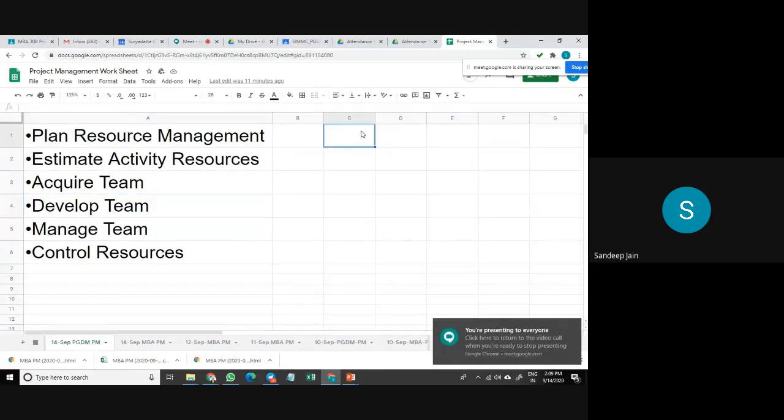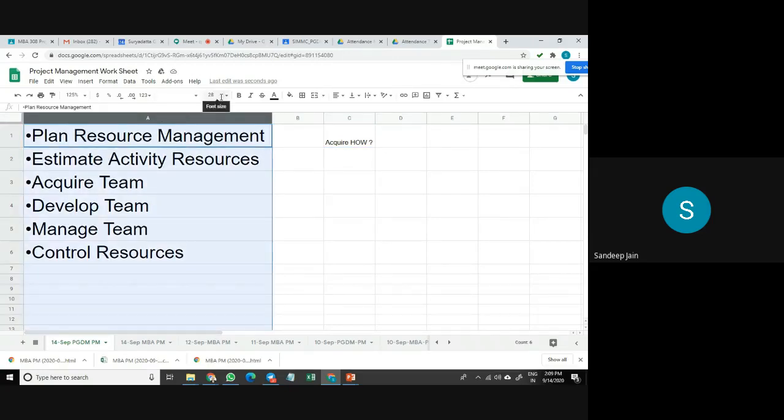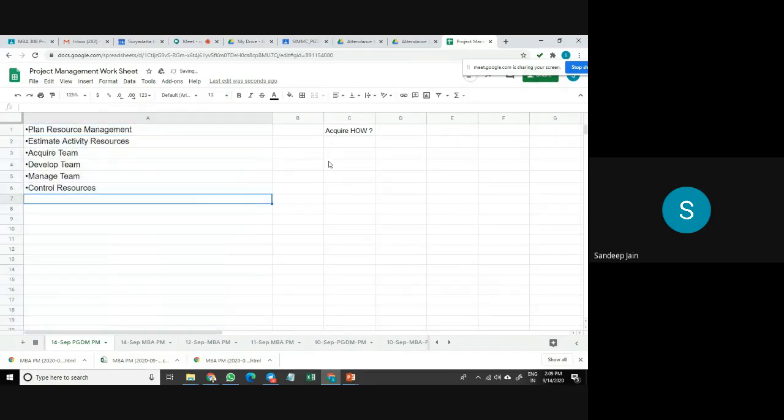Okay, so here we are. How will you acquire resources? Acquire how? We're talking about manpower. What will you do to acquire? Let us say you have to develop a website and you have a small company.